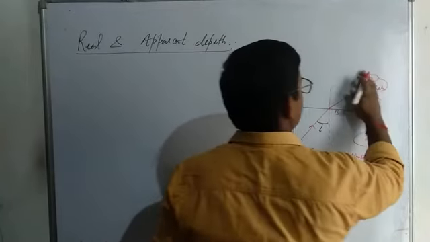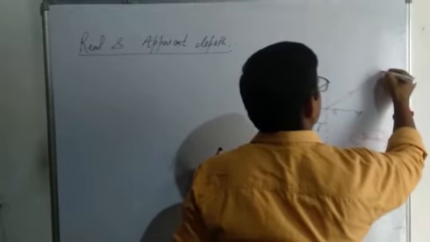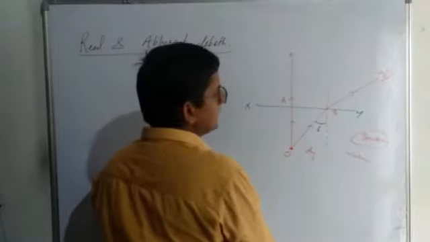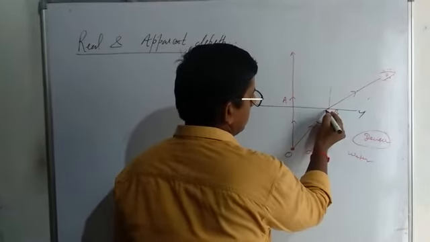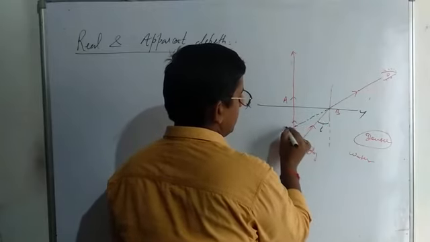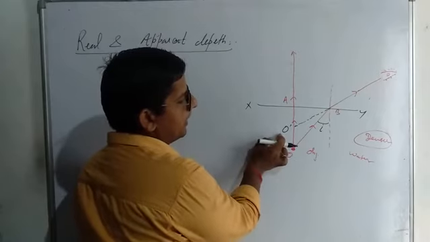And actually we can see it as coming from this point, let's say O dash, which means we can see the object at the point O dash.